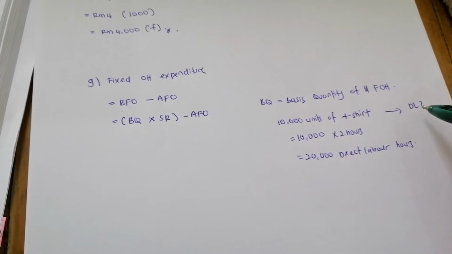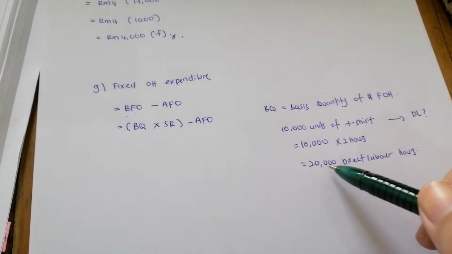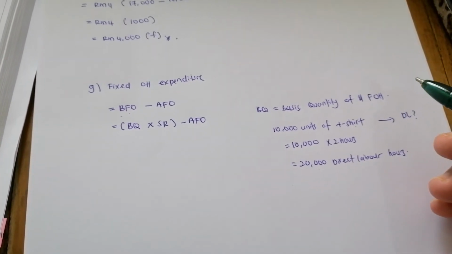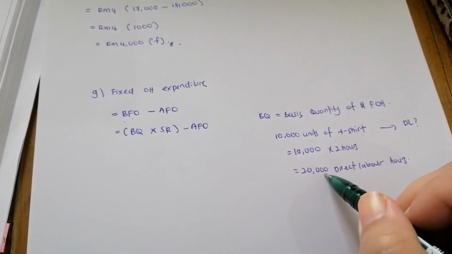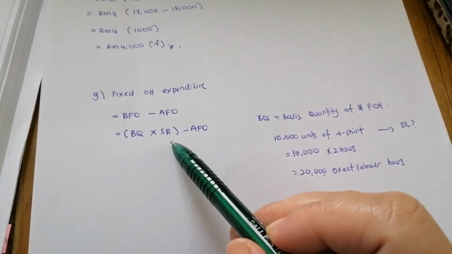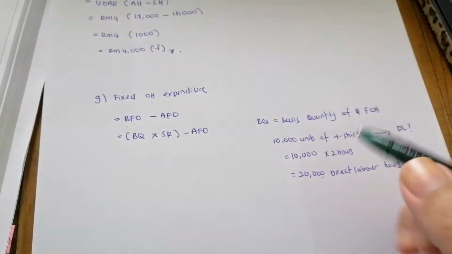So from these 20 hours, we multiply by the standard rate for fixed overhead.